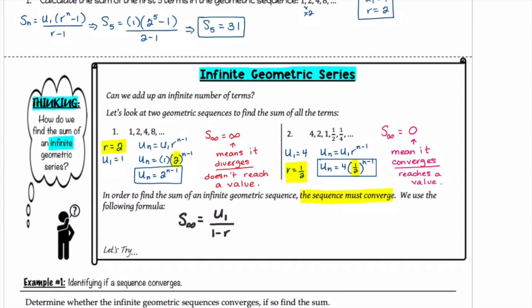Again, the formula is given in your formula booklet, but the most important part here is when R is less than 1. More specifically, when the absolute value of R is less than 1. This will always occur. If the absolute value of the common ratio is less than 1, the function will converge.